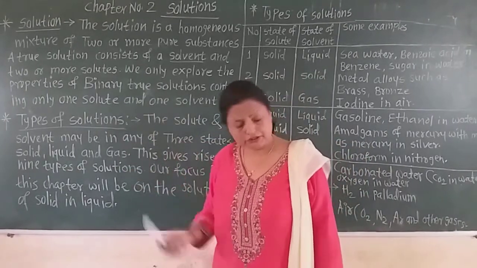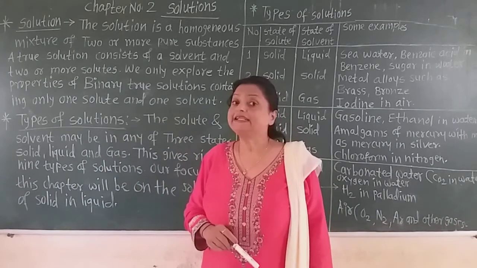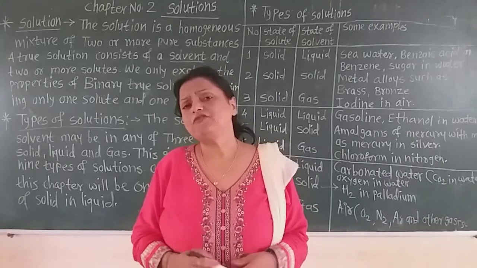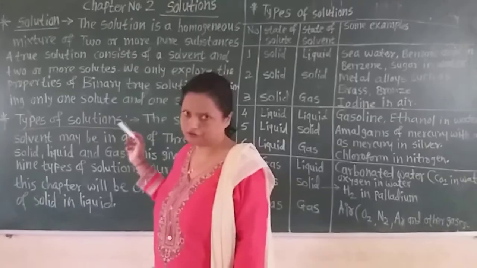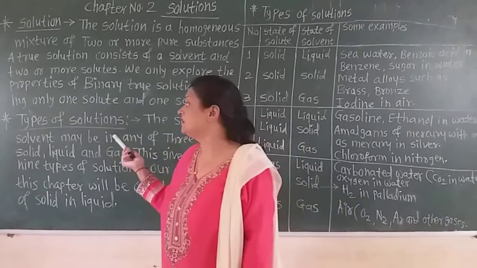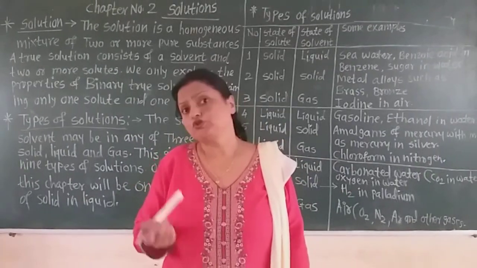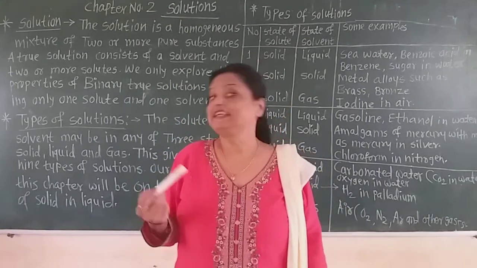Now, according to that, there are types of solution. Totally, there are 9 types of solution. We generally think about what the types of solution are. We are learning only the binary solution here. Our concept is that there is one solute and one solvent, that is, the solute may be solid and the solvent is liquid.